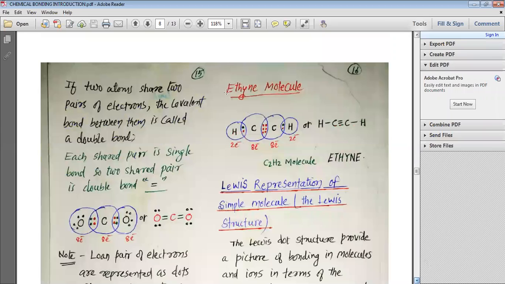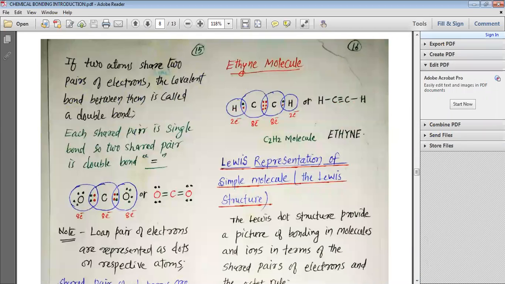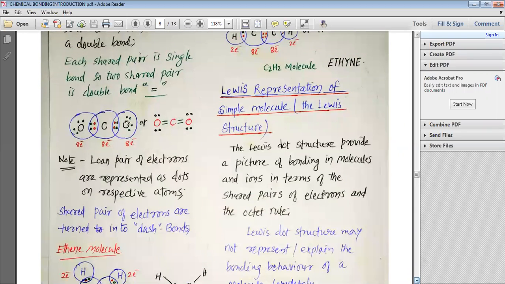If two atoms share two pairs of electrons, the covalent bond between them is called a double bond. Each shared pair is a single bond, so two shared pairs make a double bond, which is represented by 2 dashes. We can understand this with the case of carbon dioxide. You can see here that the central carbon atom shares 2 electrons with oxygen 1 and 2 electrons with oxygen 2.